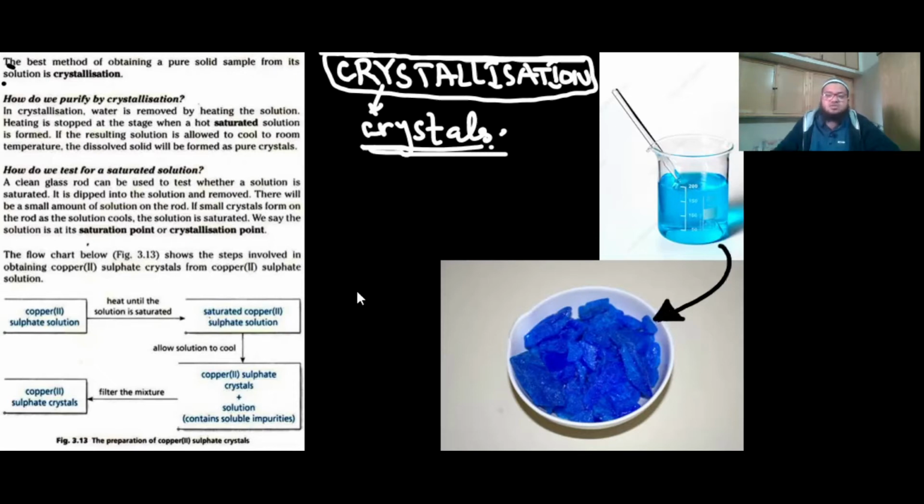The best method, the book says it, I don't say it, the best method of obtaining a pure solid sample from its solution is called crystallization. On the exams, if you're asked which is the best method, or which is the purest crystal that you could obtain, by what technique can you obtain that? You can obtain that by crystallization.